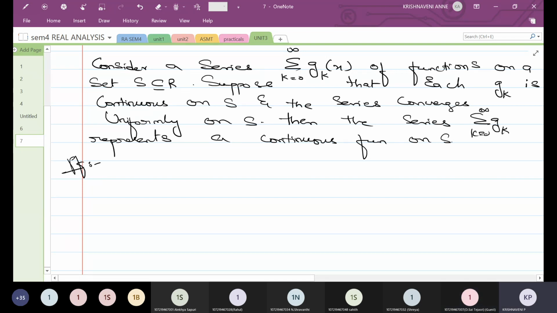Now we will write what is given first. Each gk is continuous on S. When each gk is continuous, can I say that its partial sum is also continuous?